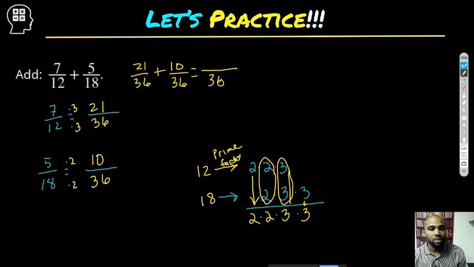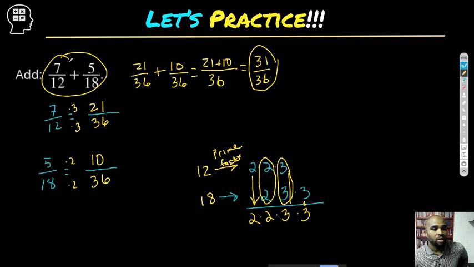Just keep the bottom the same and add the top together. 21 plus 10 gives me 31 over 36. And there we go, that's it, because we can't simplify 31 over 36. There's no factors for 31 that are the same as 36 other than 1. So 31 over 36 is our answer for this right here.